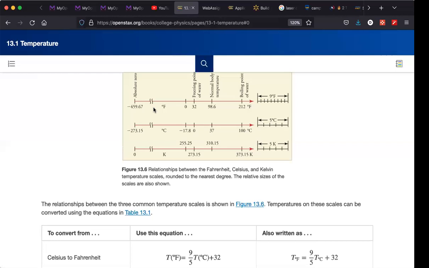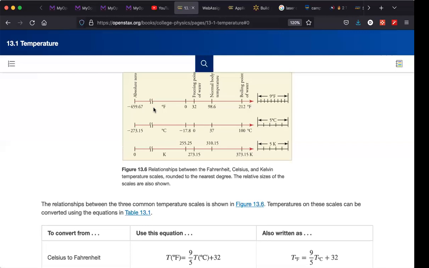So to a physicist, the Celsius scale is really not any better than the Fahrenheit scale as far as science goes, because it's not really based on anything real, anything that has real meaning to a physicist.